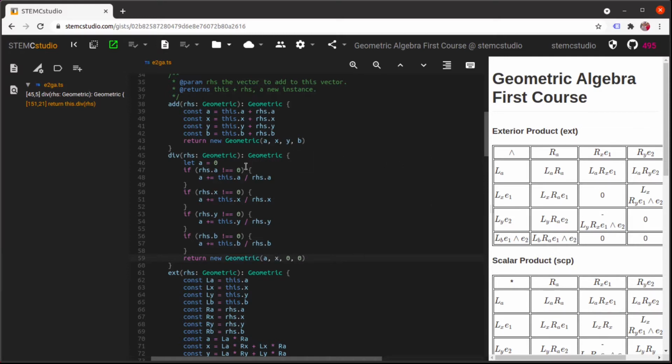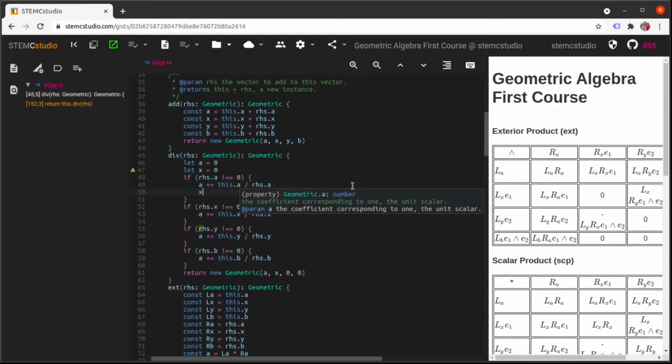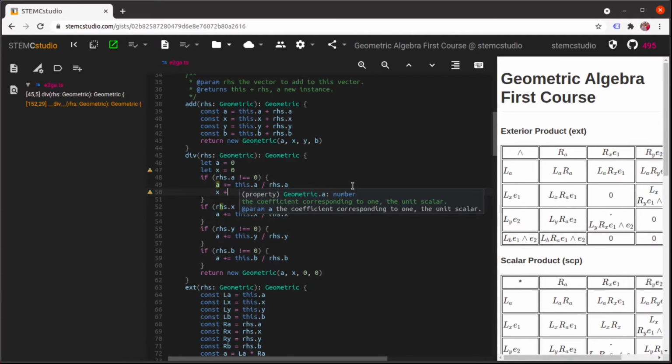I'm not being completely rigorous here because I'm not implementing the full div, but building it up, and we'll see in the end that maybe we'll take a more radical approach. So it should be this.x divided by the right-hand side.a. I think that should do it.